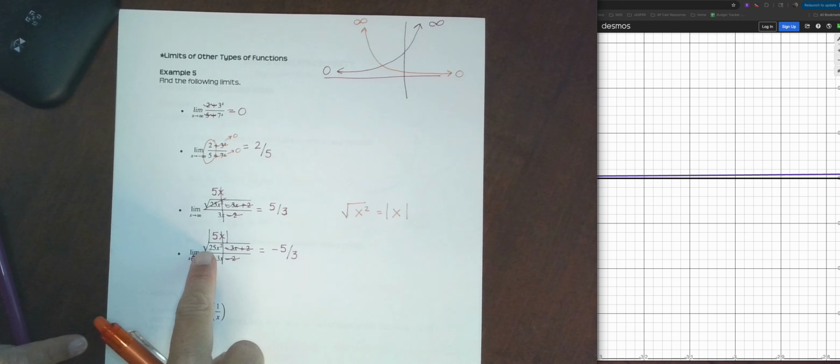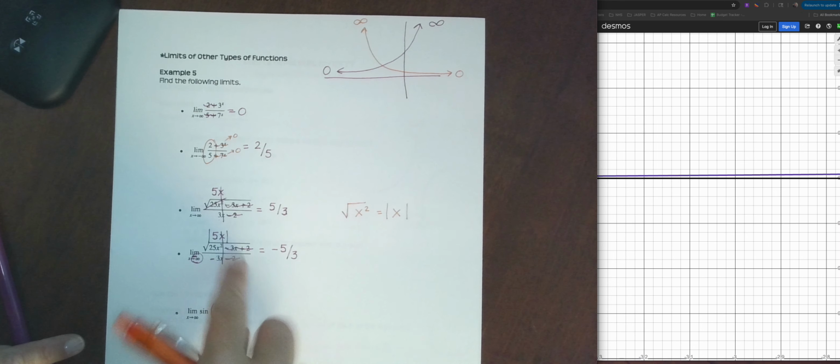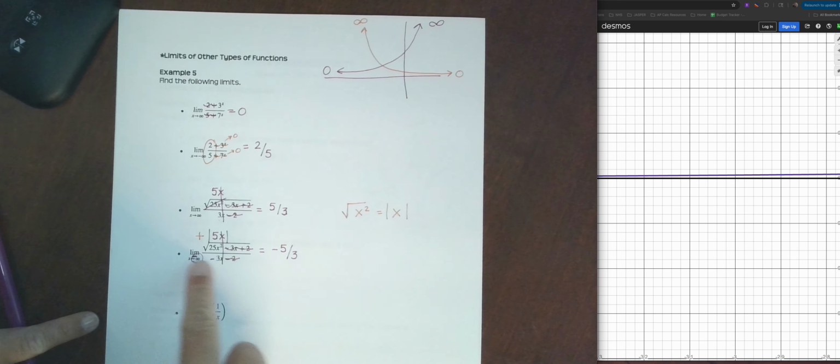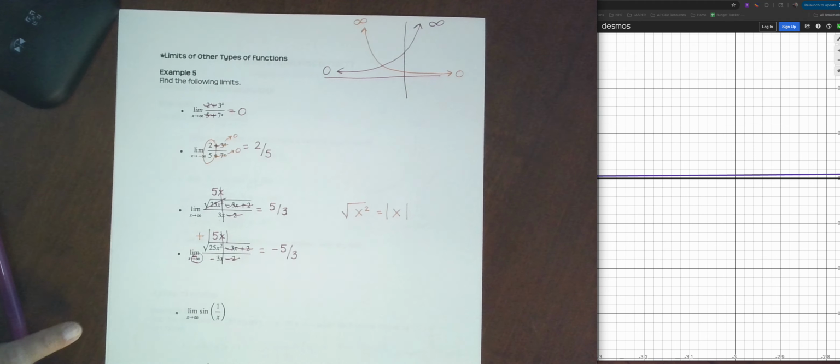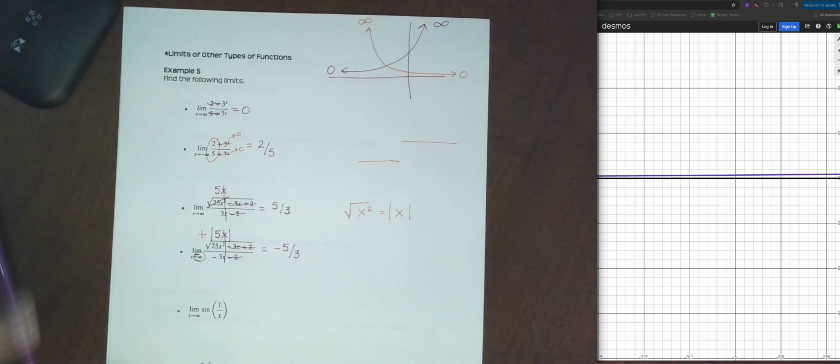Whenever you do this square root of a square kind of thing, just know that that's locked in as being positive all the time. Whereas the bottom, depending on whether you're going towards positive or negative infinity, could turn negative. It's kind of the same situation as our graph that does this thing, the absolute value of x over x.